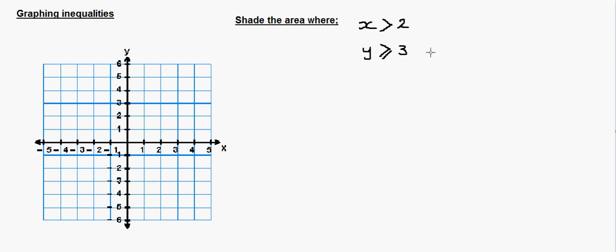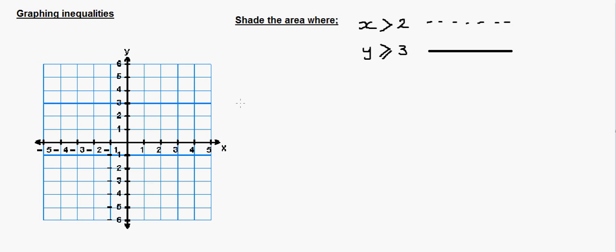If anything is "and equal to", then the line that we draw will be a solid line. If it's greater than or less than but not equal to, then we draw a dotted line.